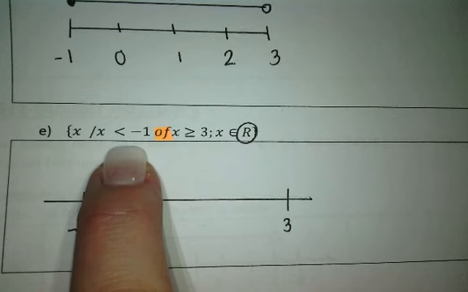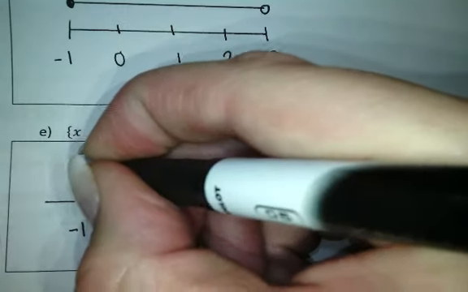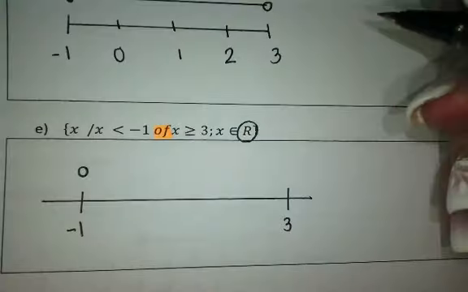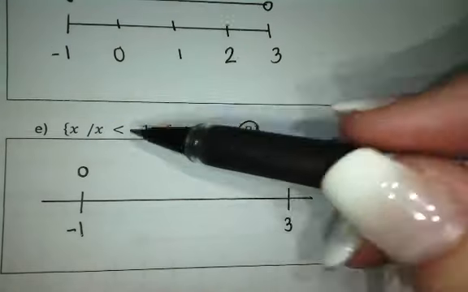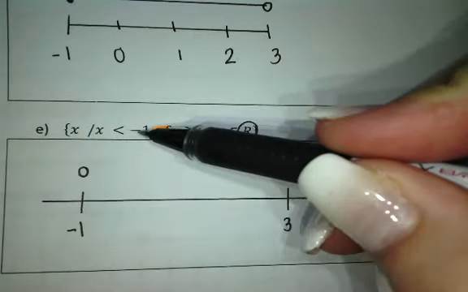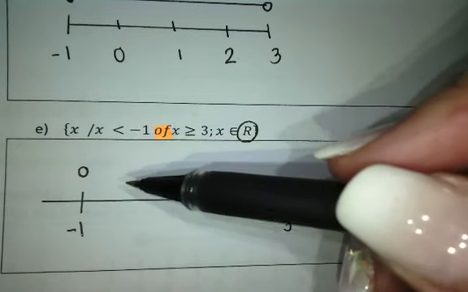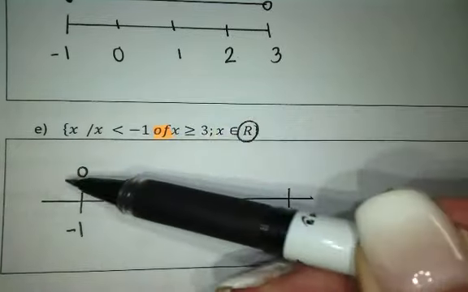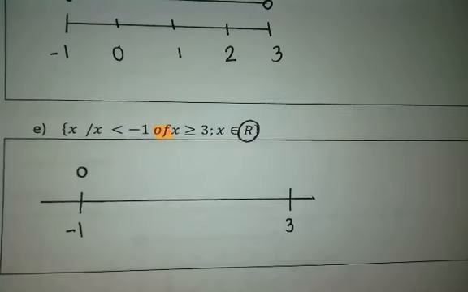The first half says that x needs to be less than -1. So let's start off by just checking. What dot am I going to have on the -1? An open or a closed dot? An open dot, because it's an excluding inequality sign. Right. And does x need to be greater than or less than that -1? Less than, right? The crocodile mouth is eating the -1, which means x needs to be less than -1.